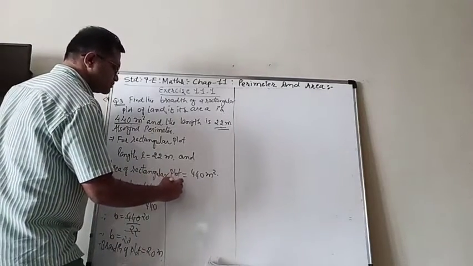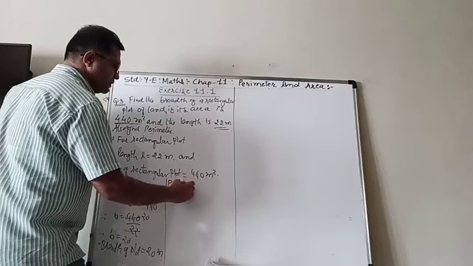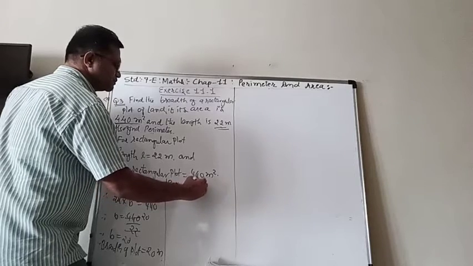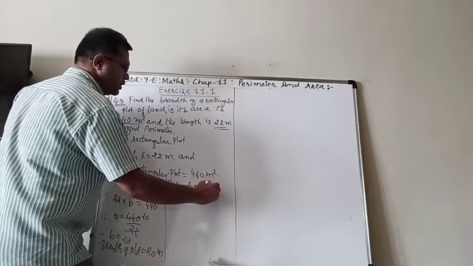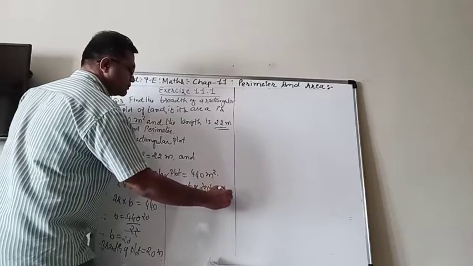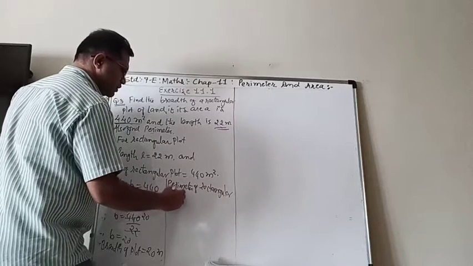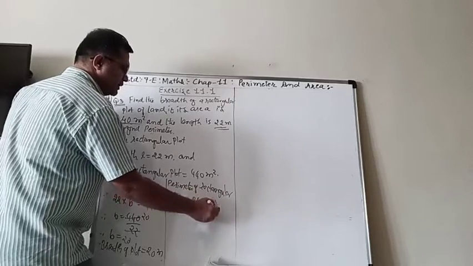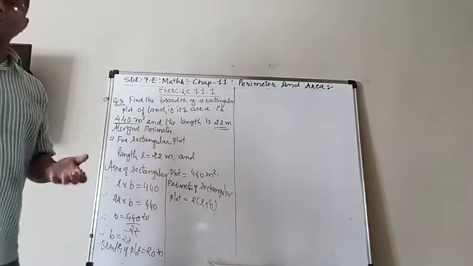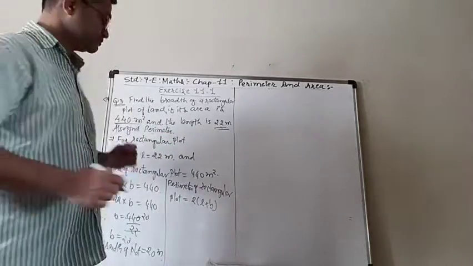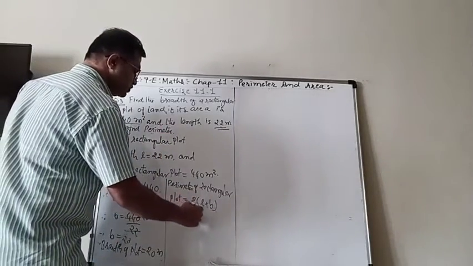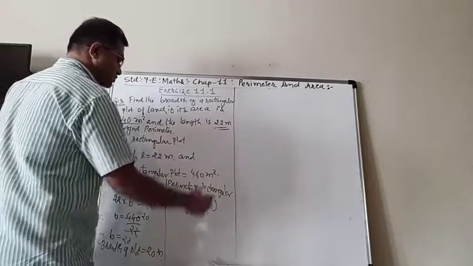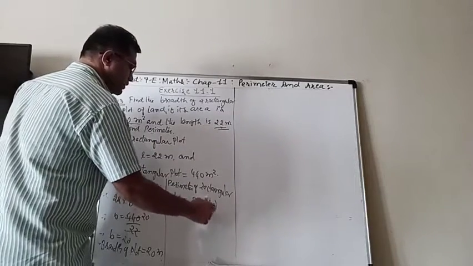Now also we have to find the perimeter. So now the perimeter of the rectangular plot. What is the formula? 2 into bracket length plus breadth, 2 into bracket L plus B. That is 2 into bracket, what is length? 22. What is breadth?